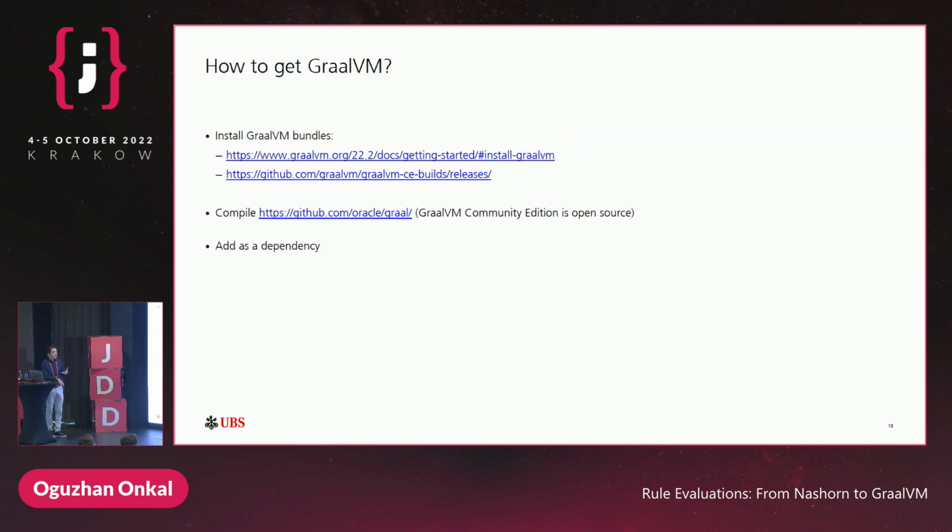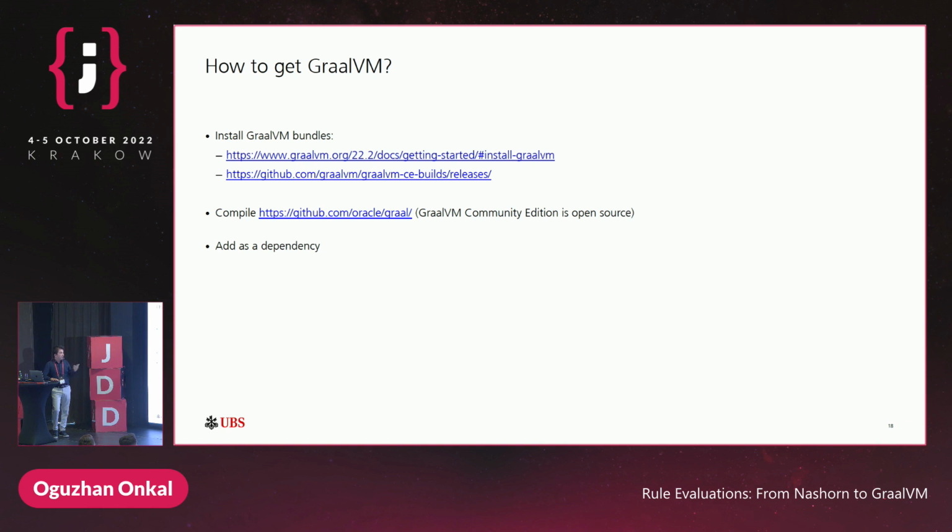So how can we get this GraalVM? There are a couple of ways to do that. One is using the latest version, and you can just get the bundles which are built on top of Java 11 and 17. So you can just get those bundles and install.